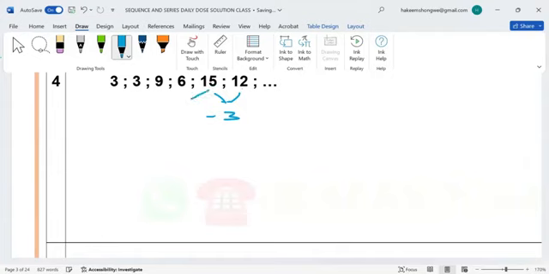Okay. 15 minus 6. It's 9. Sharp. 6 minus 9. Minus 3. Okay. This one, subtract this one. It's 6. And then this one, subtract this one. It's 0. Can it be linear? It can't be linear.